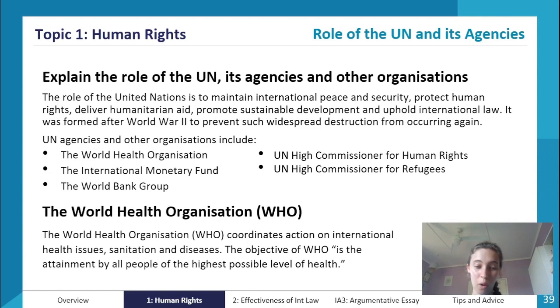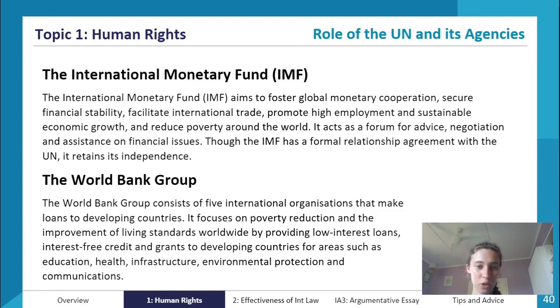So the attainment of all people of the highest possible level of health is the target of that organization. The International Monetary Fund wants monetary cooperation, secure financial stability, and to promote those things that go along with that.